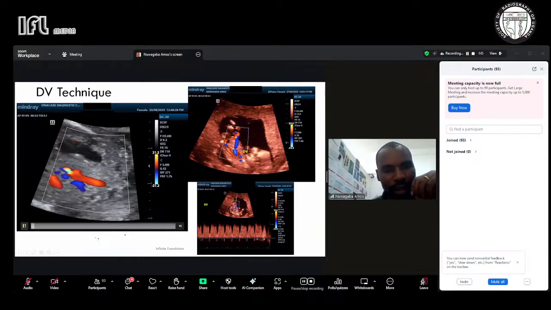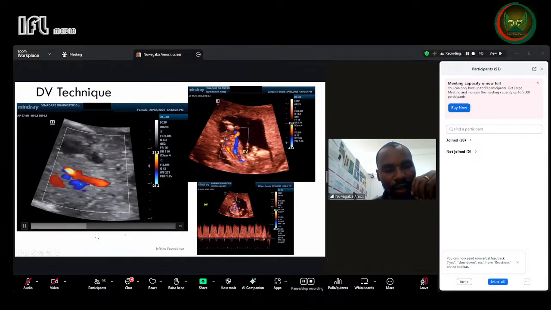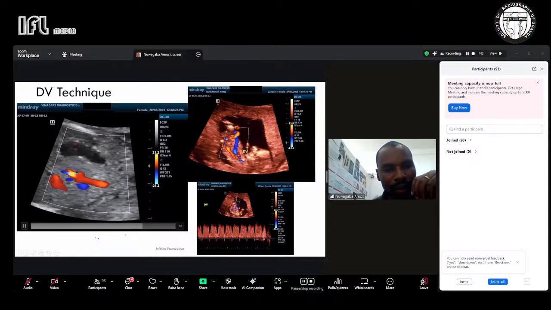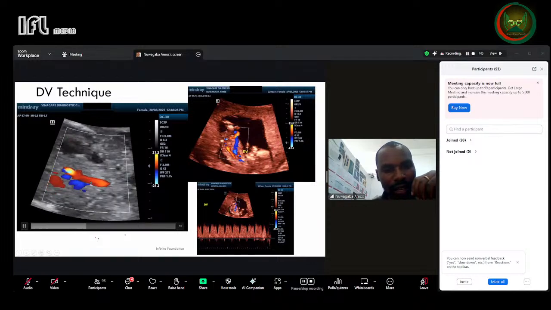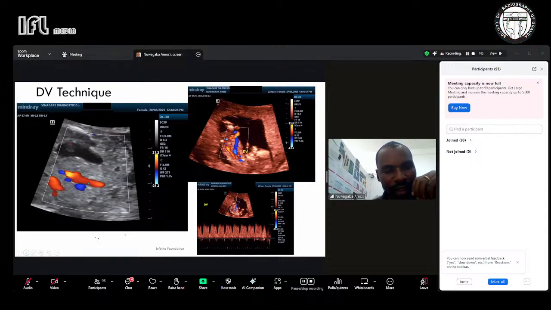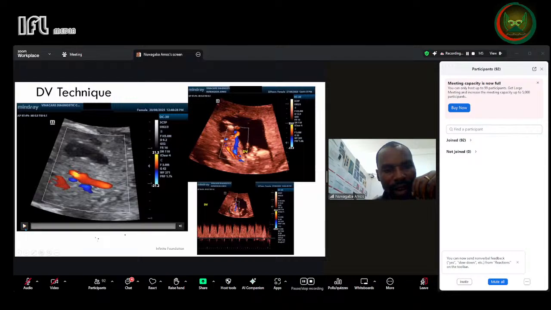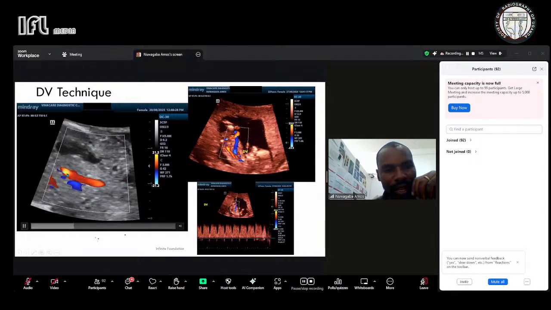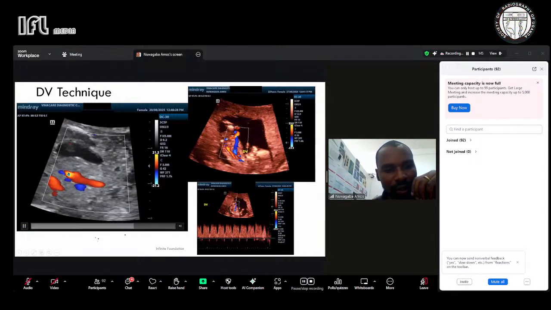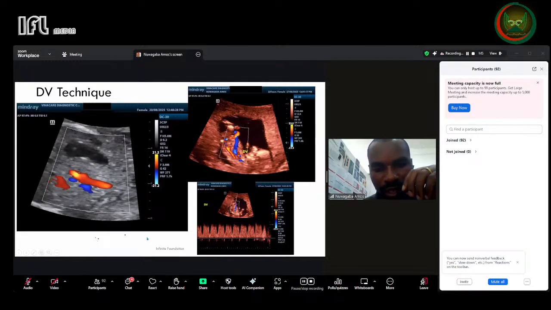On the left, we have the short clip of the transverse approach, and here you identify the umbilical vein, then that area that is aliasing, that is the ductus venosus that you are interested in.